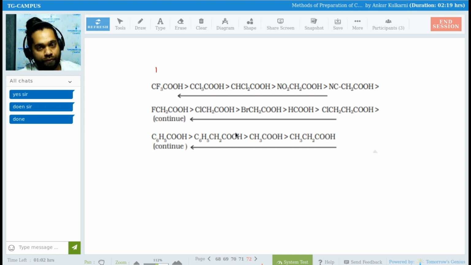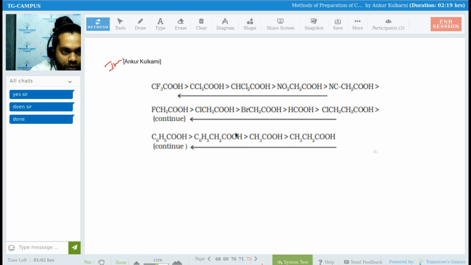This is the order of acidity. Come on, write it down, Sasidaran. There is a book and pen. Write it down, Prashanti. Important is important.